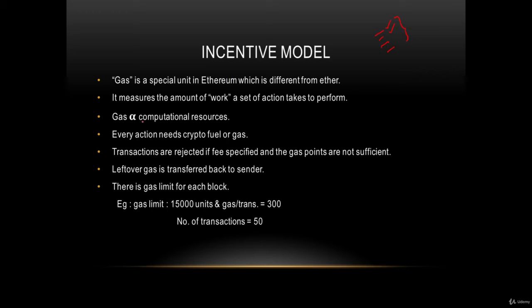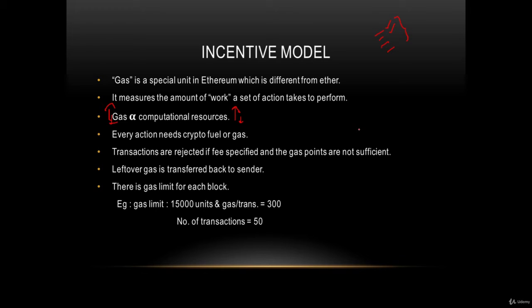And gas is directly proportional to the computational resources. So if more computational resources are needed, then the gas amount will be more. And if fewer computational resources are needed, then the gas price will be less. Every action in Ethereum needs crypto fuel, or gas.